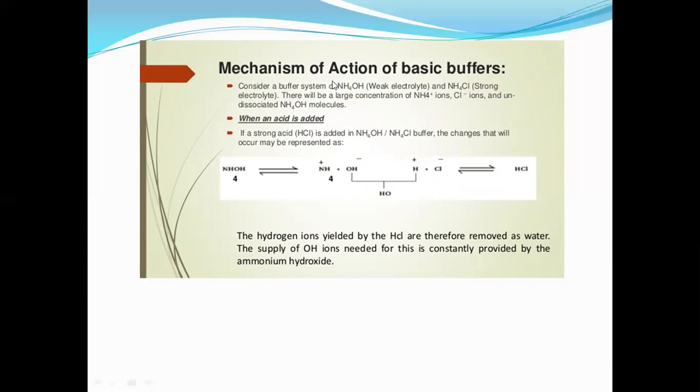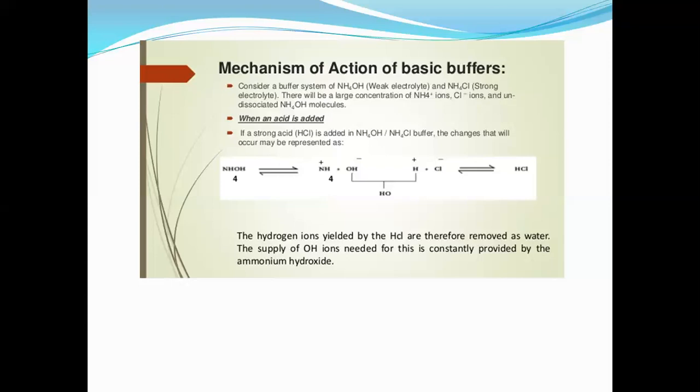So this is the action of basic buffers, and you know from the definition, basic buffers are weak bases combined with a strong acid salt. So there will be a large concentration of NH4 ions and chloride ions, and undissociated NH4OH molecules.